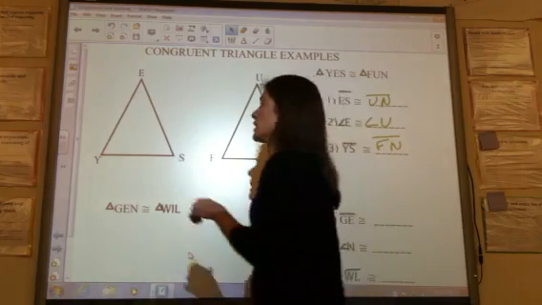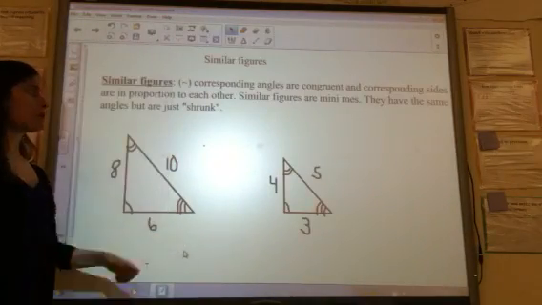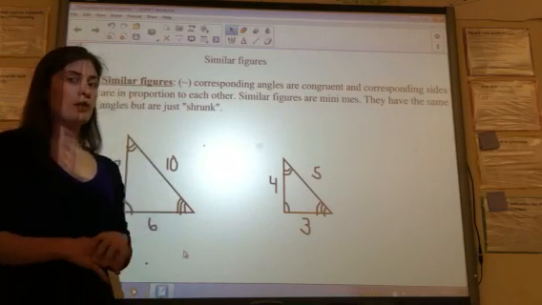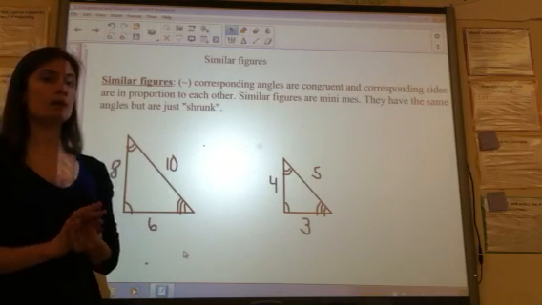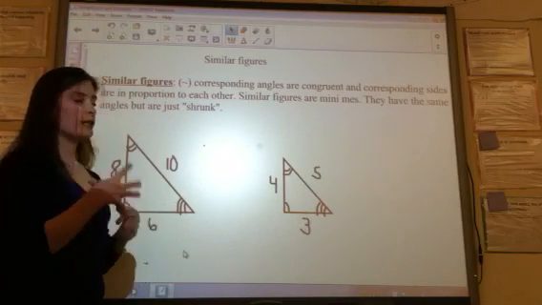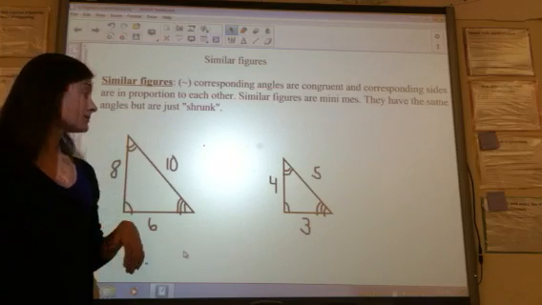So that's congruency. The second thing we're going to review is similarity. And we've done this with similar shapes in previous units, and we've also talked about this using proportions. So this relates to transformations because dilations create similar shapes.